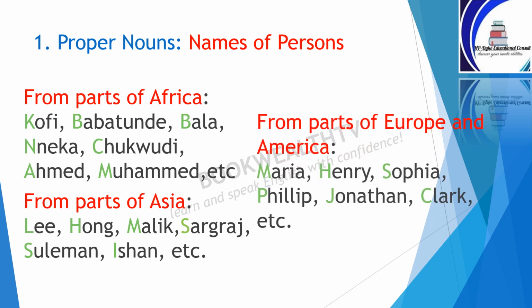From parts of Europe and America, we have Maria, Henry, Sophia, Philip, Jonathan, Clark, and many more. Did you notice anything about the letters in green? They are all written in capital letters. Yes, proper nouns must always be capitalized.